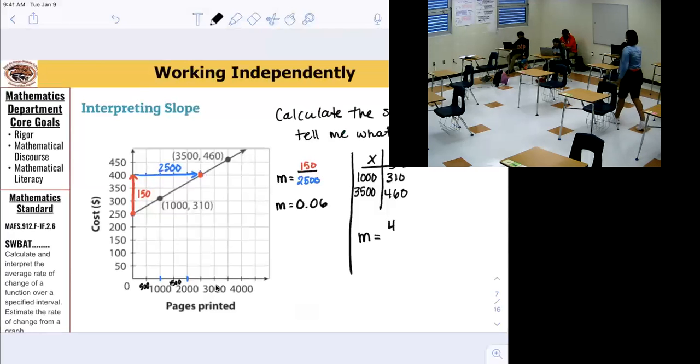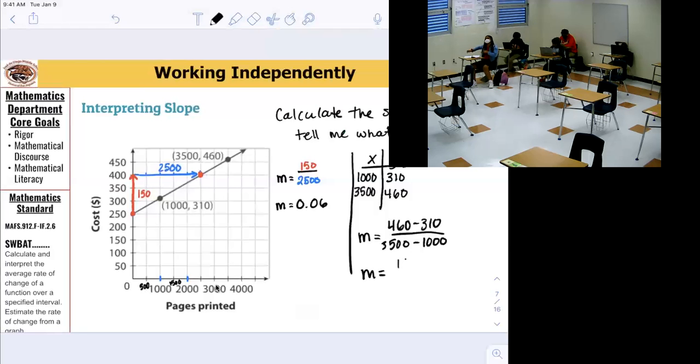So I have 460 minus 310 over 3,500 minus 1,000. What's 460 minus 310? What do I get in my numerator? Yeah, 150.